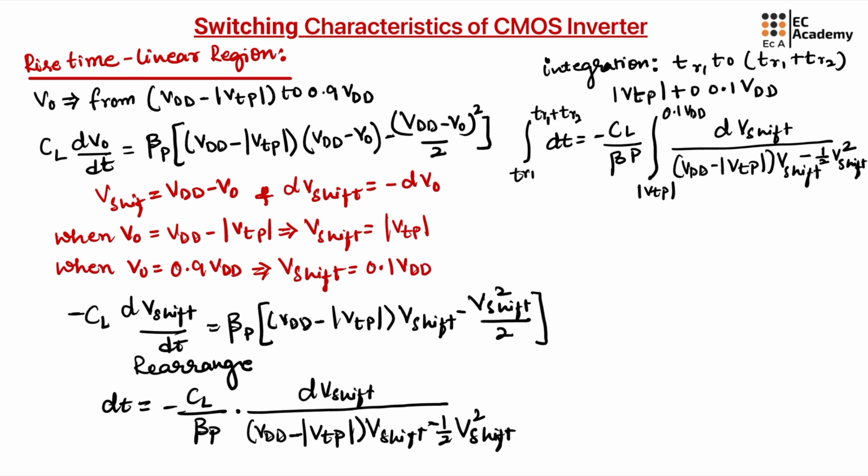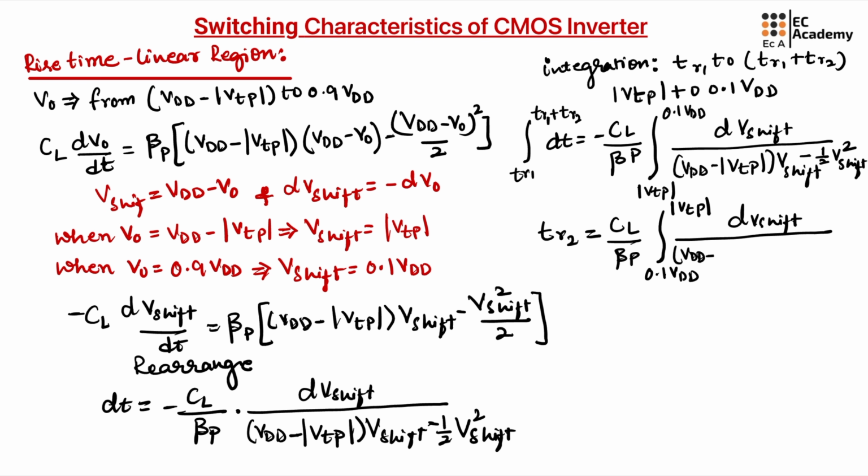So we can write TR2 will be equal to, now to eliminate this negative sign, we can interchange these two integration limits and we can write the equation as CL divided by beta P integration of 0.1 VDD to absolute value of VTP dV shift divided by (VDD minus absolute value of VTP multiplied with V shift minus 1 by 2 V shift square).